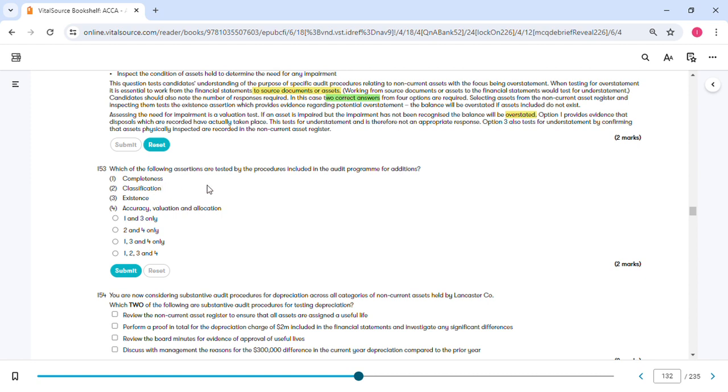When you are adding an asset, existence is very important. Is that right? Existence is very important.